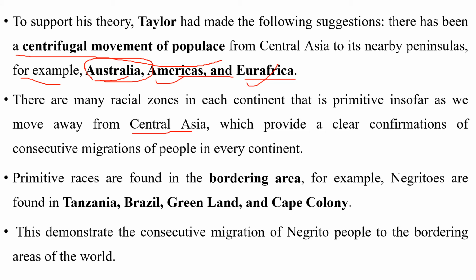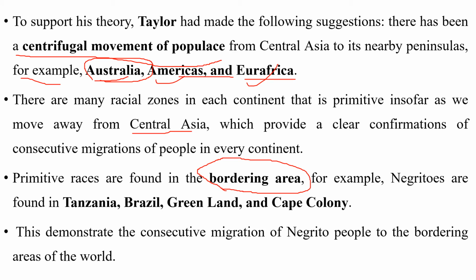So this is a great evidence given by Griffith Taylor. These people, which people? The tribal people. They are the primitives of this land. They are located away from Central Asia, which provides a clear confirmation of the consecutive migration of the people. Then primitive races are found in the bordering area.